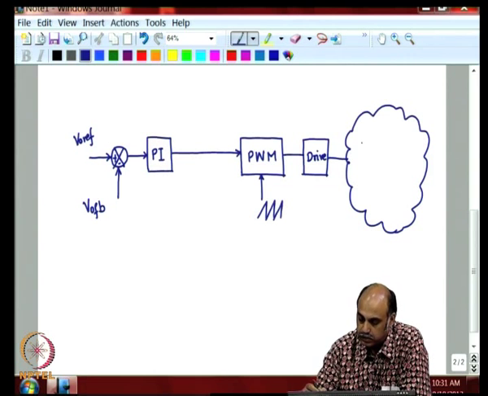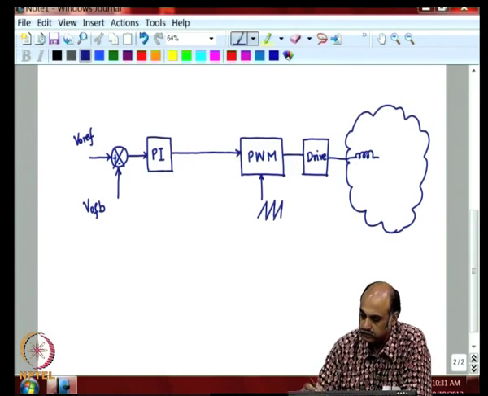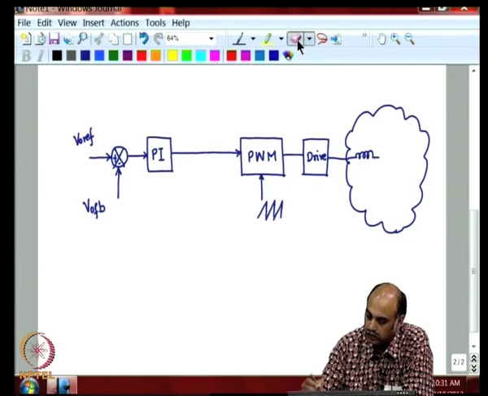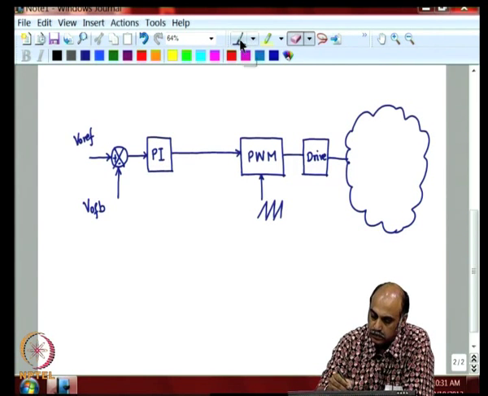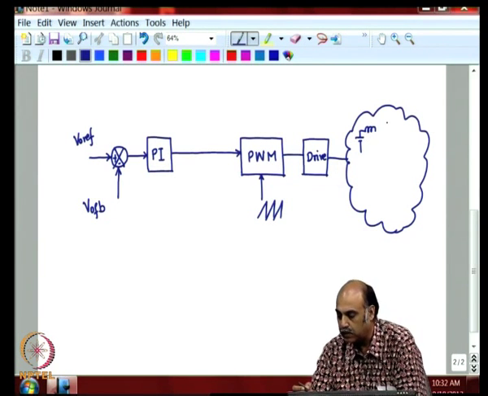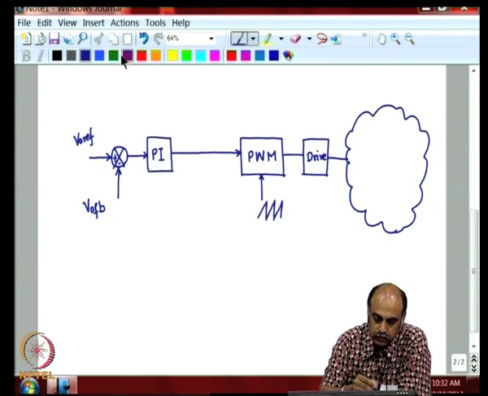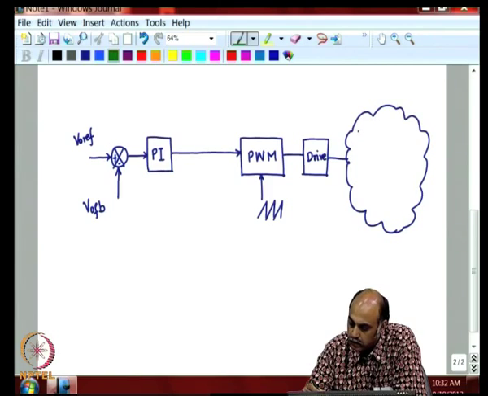And the plant can be any converter. In this case, we had chosen a boost converter, like this. Let me indicate it. In this fashion.